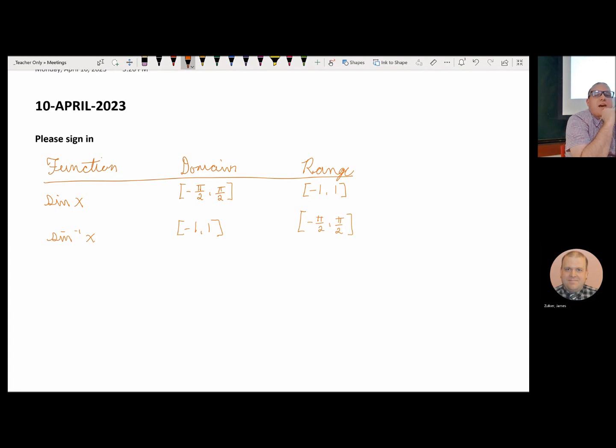So for instance, if you put in inverse sine of negative 1, it's going to give you negative pi over 2. But 3 pi over 2 is more accepted as an answer. You put in inverse sine of negative root 2 over 2, it's going to give you negative pi over 4.